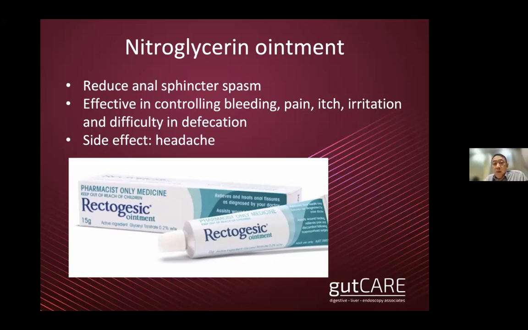The trouble with Rectogesic or any similar nitroglycerin ointment is that it has a side effect of causing a headache. So tell the patient that if you apply this, you will get a headache. Usually it will go away after the second or third day. If you stop applying, then apply again, you get a headache again. So you need to tell the patient that. When the anal tone is very tight, this can be helpful.